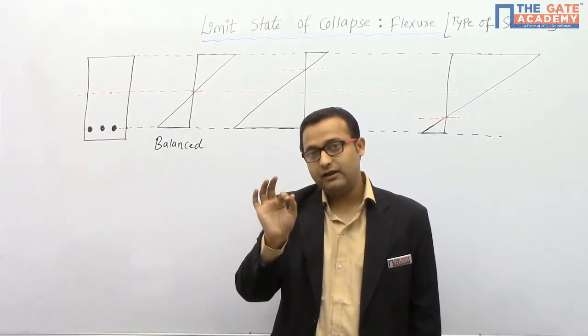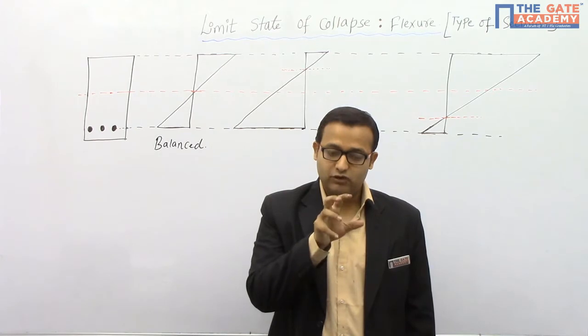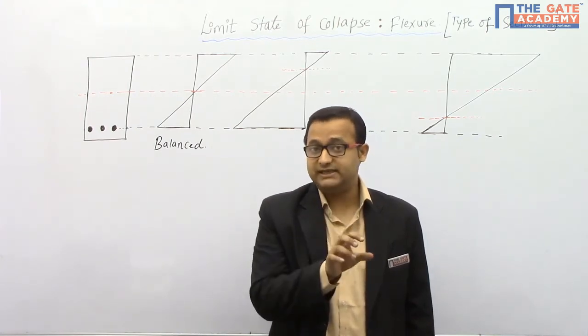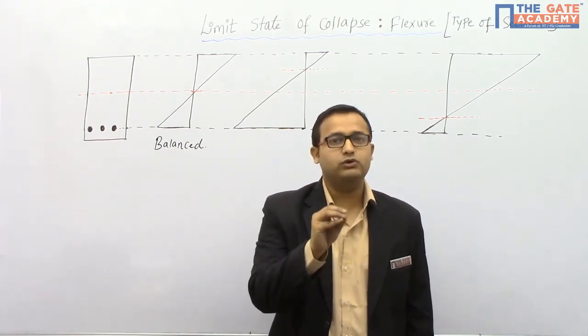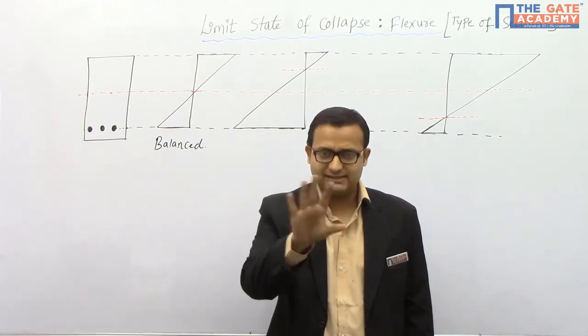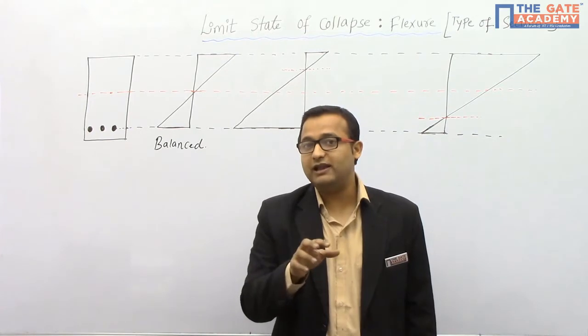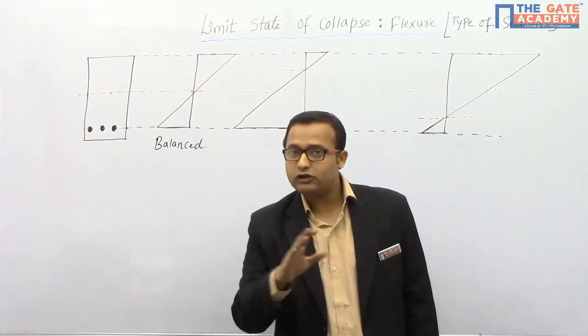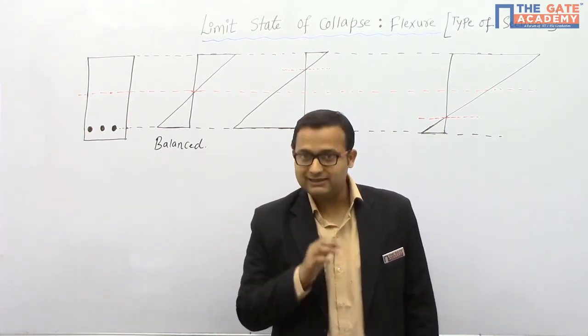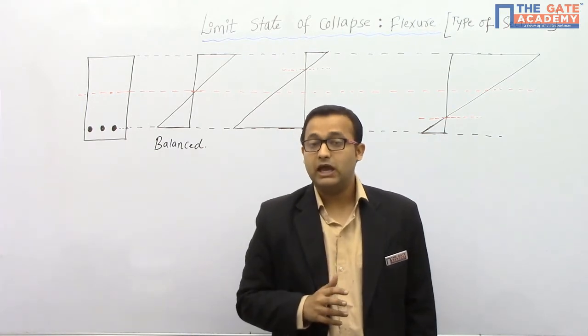In a similar way, suppose the strength of the steel is 50 Newton per mm square, just a random value. If I give a stress more than 50 Newton per mm square, the steel will fail.